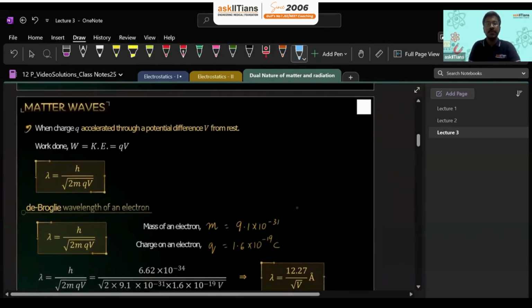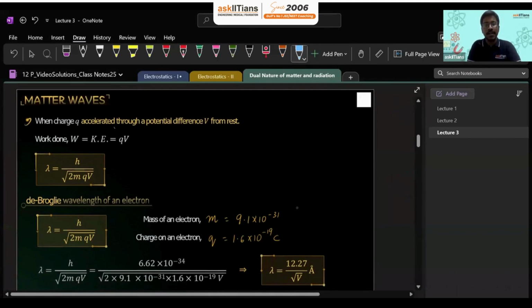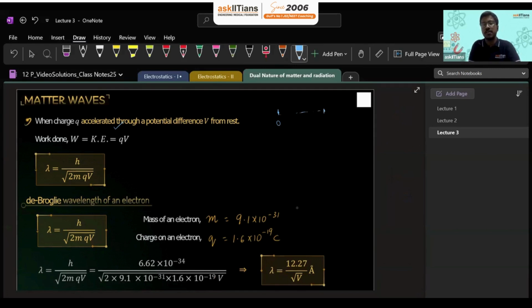When a charge is accelerated through a potential difference v from rest, we have studied in the previous chapter how much work is done.